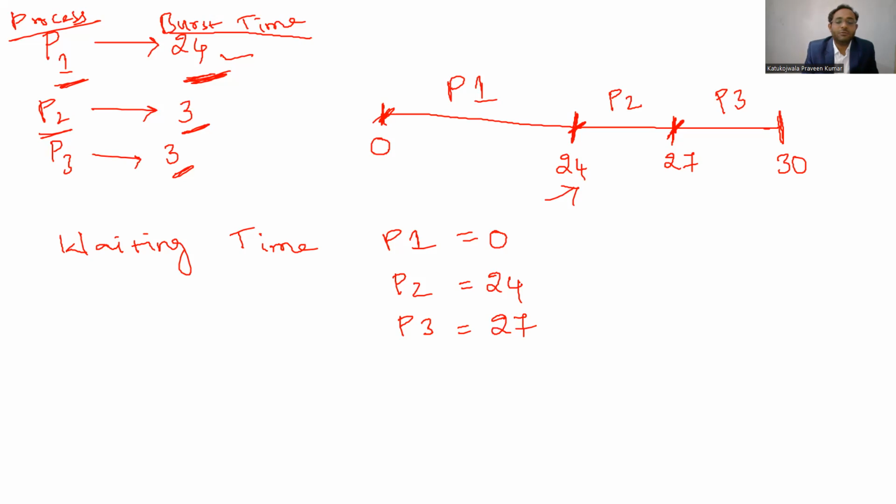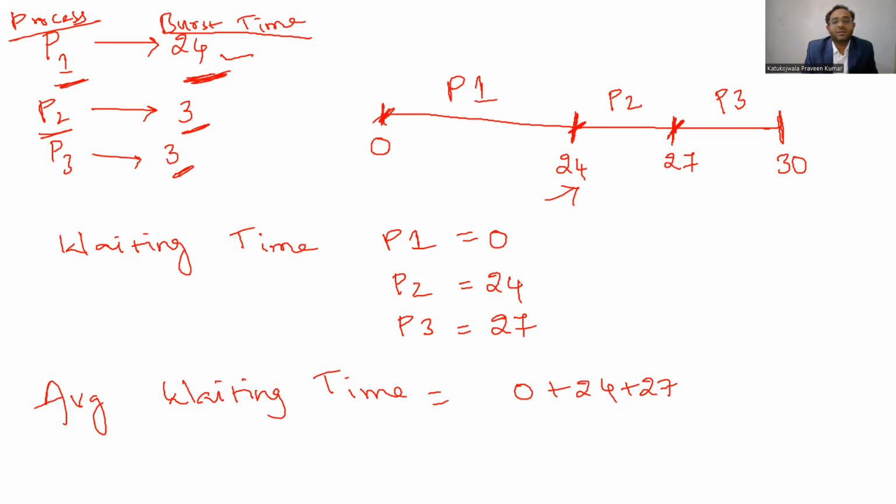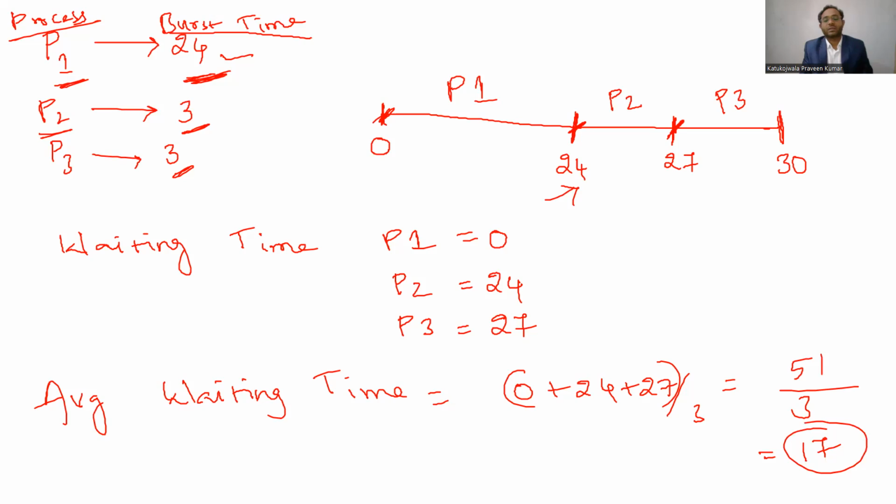Now we have to find the average waiting time. Average waiting time is equal to 0 plus 24 plus 27, divided by 3. That is 51 divided by 3, which is 17.